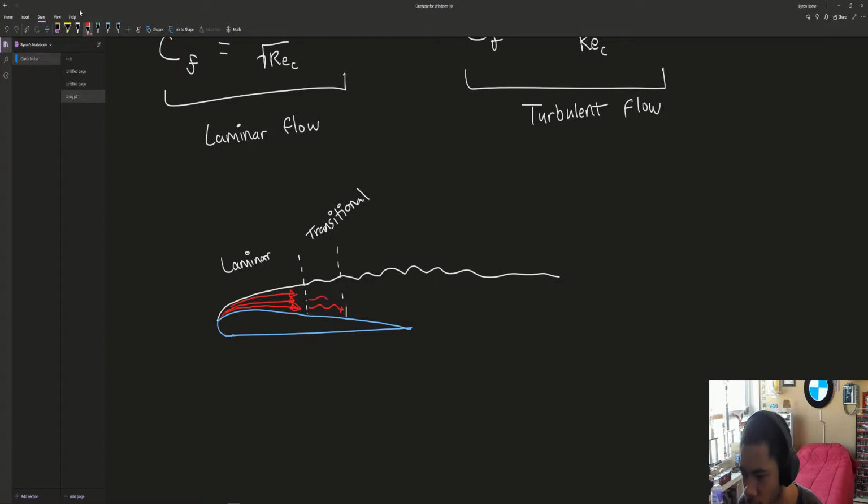It has a little bit of a vertical component with respect to the airfoil. And then after that, we have the turbulent flow. And we find in the turbulent area that our flow is suddenly really excited. It has huge contributions in the vertical direction.